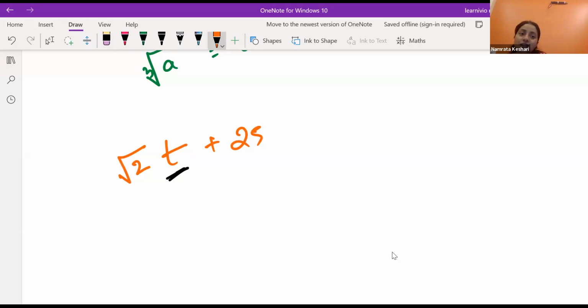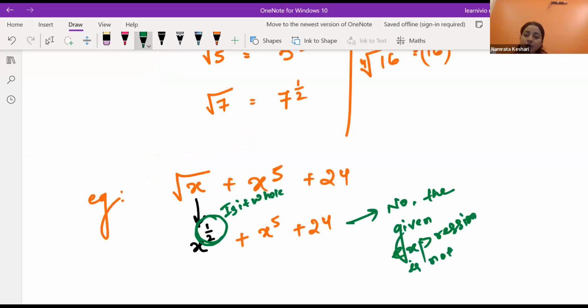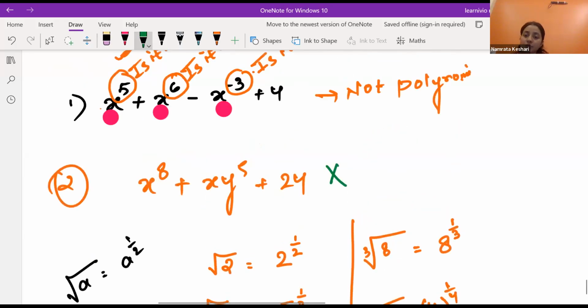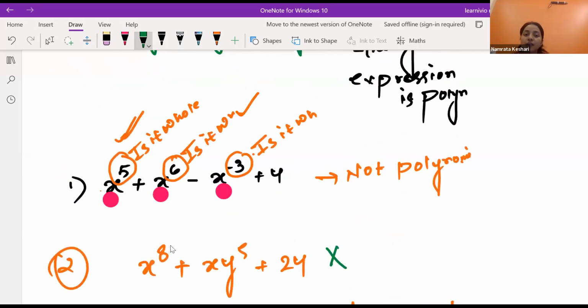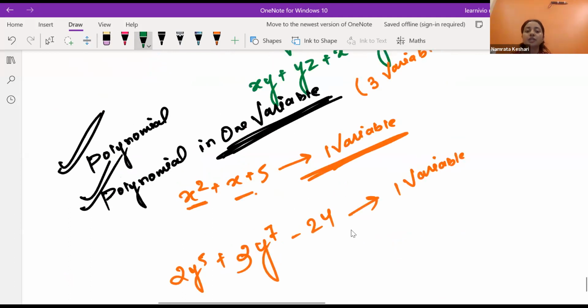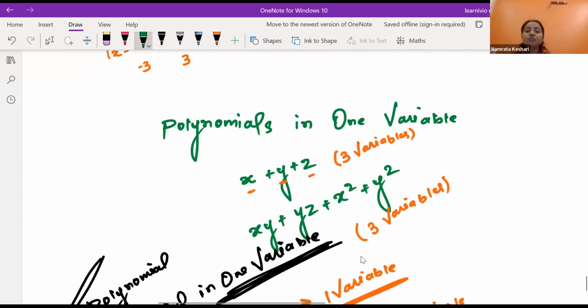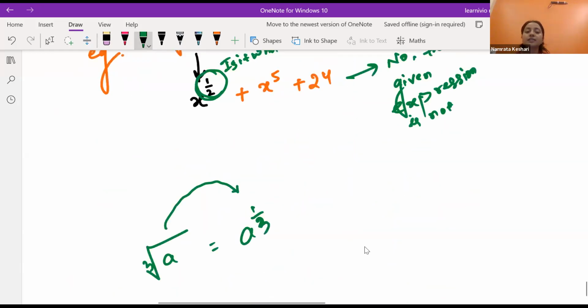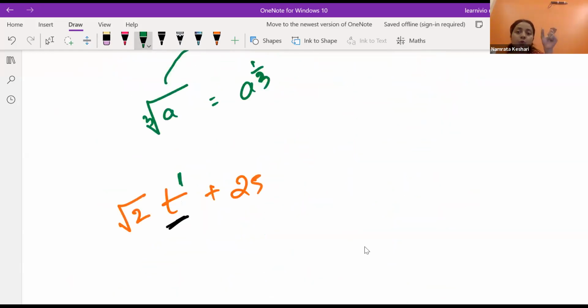That's why I was telling you that the question will try to confuse you. One time it will give t inside the root, another time it will give t outside the root. But we must be clear with the fundamental: the power of the variable. If the variable's power is a whole number, as in this example where the exponent of t is 1, we don't need to worry about this root 2.